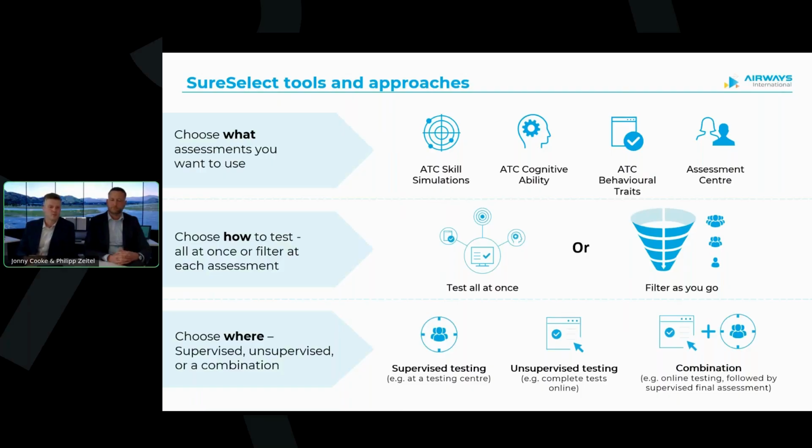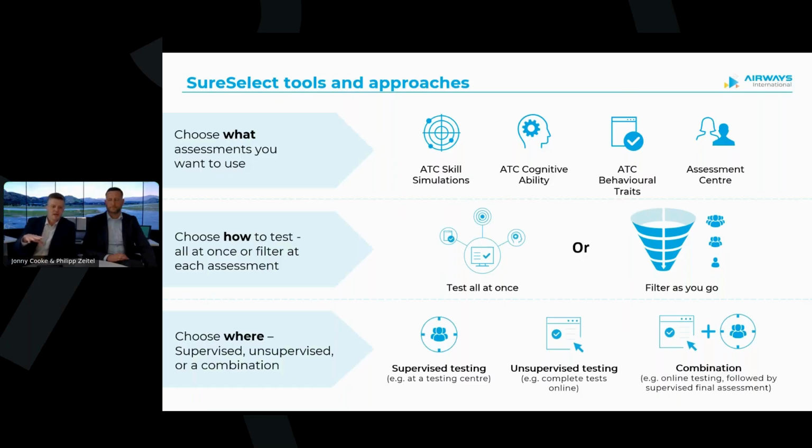So what we've built is effectively a pick and mix in the types of assessments you might want to use. Those assessments up the top there are the 4 core assessments that we've landed on at Airways as being the right combination that, when used in order, really does get us down to high quality candidates before they get into that training academy.